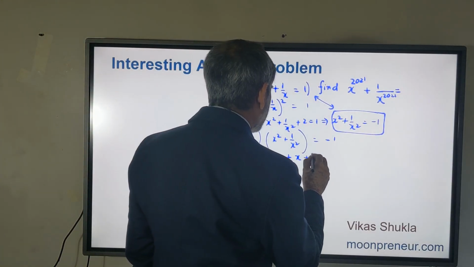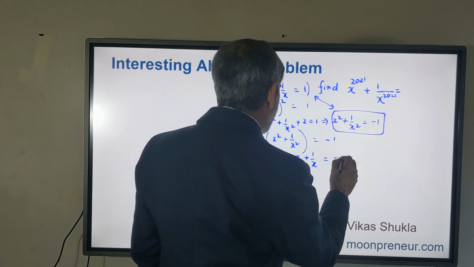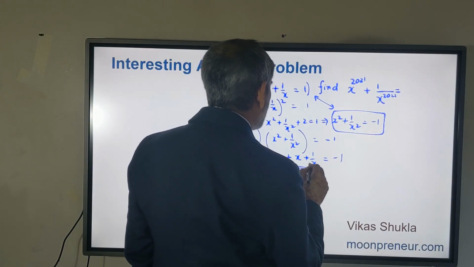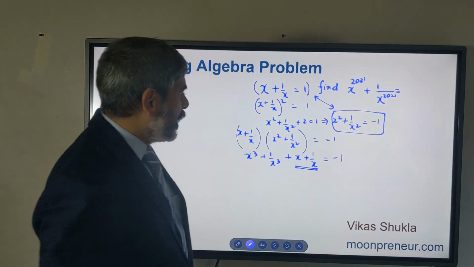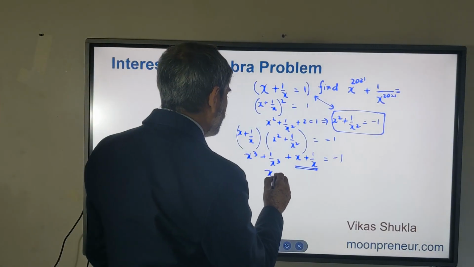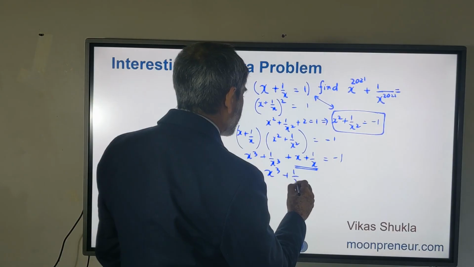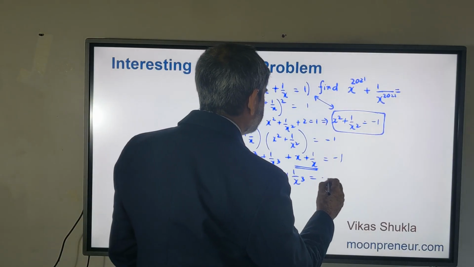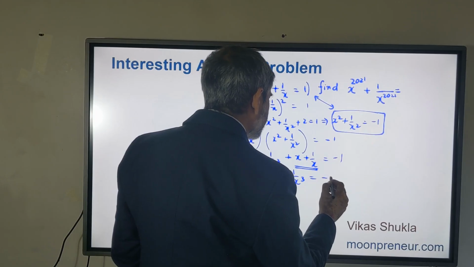So this is plus x + 1/x equal to -1, and this has a value of 1, so I get x³ + 1/x³ is equal to -2.